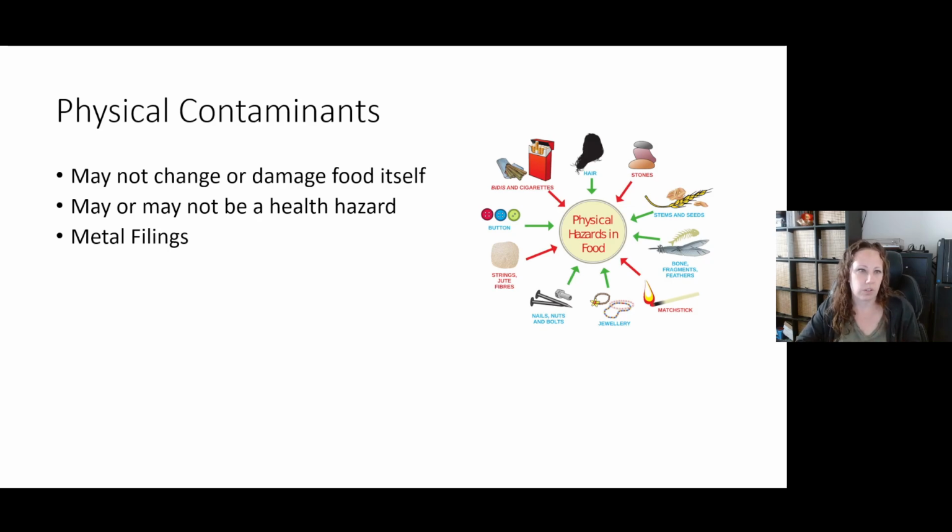Examples of physical contaminants or physical hazards could be things like metal filings that can get into food through the machinery of a food processing facility. There's constantly gears moving and food being carried on belts and things like that. And if maintenance isn't being done properly, or maintenance misses something, you can sometimes get metal in the food.